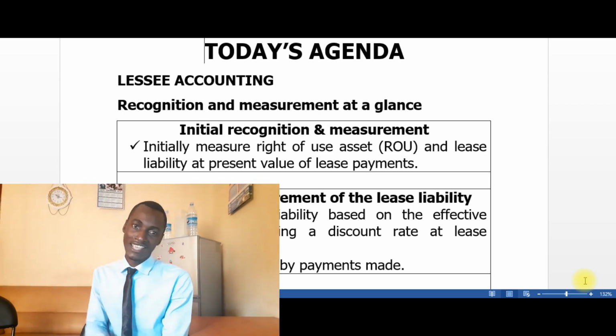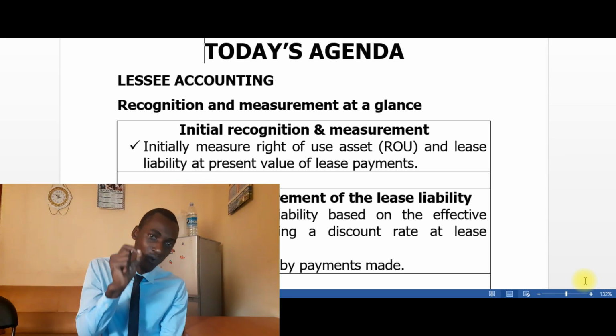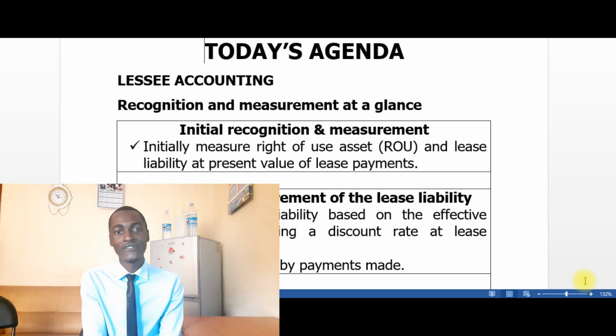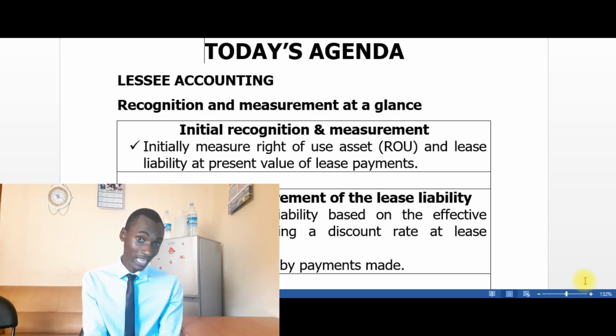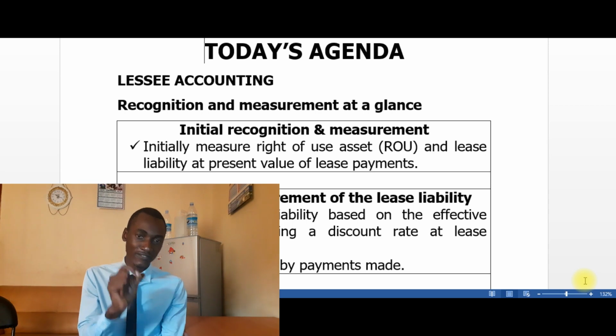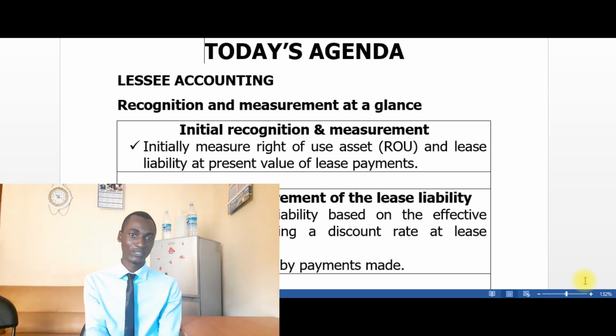So meaning that the moment we see that there is a right of control of the identified asset, we have to recognize the right of use asset and then the lease liability, initially measured at the present value of the lease payments. That is initial recognition.